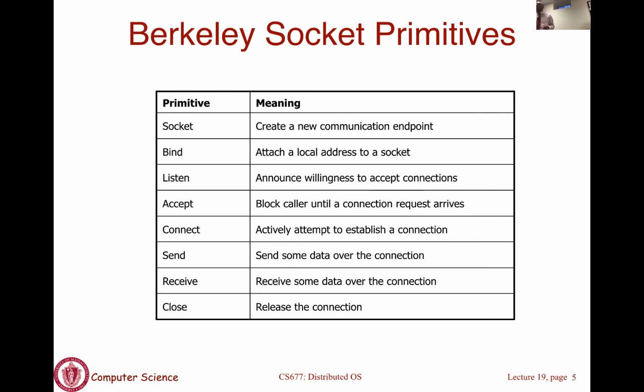Listen announces your willingness to start accepting network packets, and then accept actually establishes a connection by blocking until a client connects to the server. And then connect is used at the client end to connect to a server that is accepting connections using accept. And then you use send and receive, which are, as I said, equivalent to read and write, to send and receive data, and close the connection.